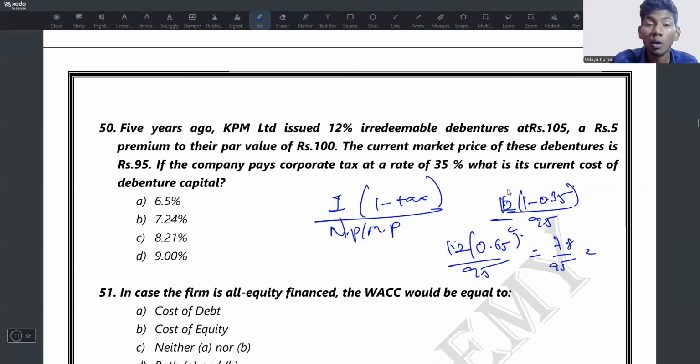What's the value? Definitely 8.21 percent. So option C is the right option.